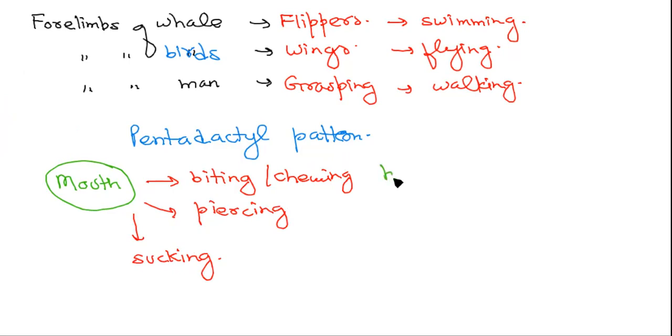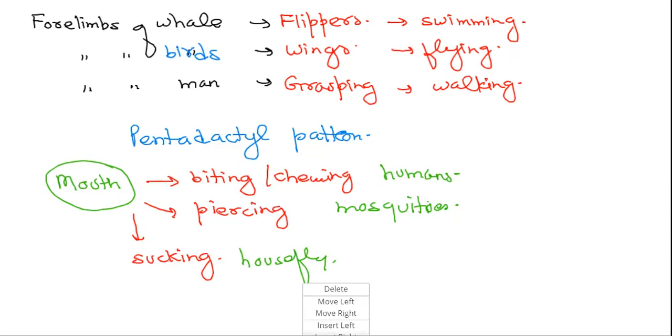In human beings, it is meant for biting and chewing. In mosquito, it is for piercing. And in housefly, it is for sucking. Hope this helped you to understand the homologous organs.